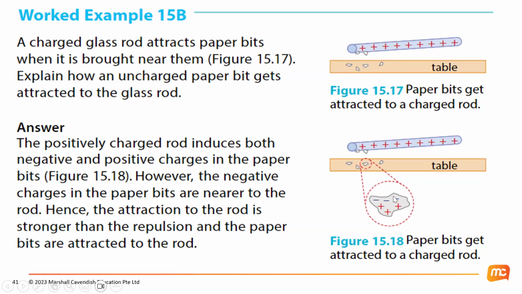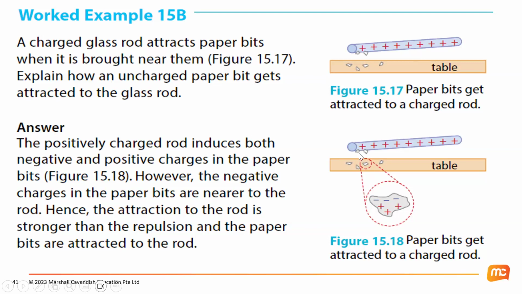So the top part becomes negatively charged and the bottom part positively charged, but the entire paper is still neutral. Because the negative charges are nearer to the positive rod, the attractive force is greater than the repulsion force. There will be a repulsion force because plus and plus, but because the minus is nearer, the attractive force is stronger than the repulsive force. So the paper will get attracted to it.